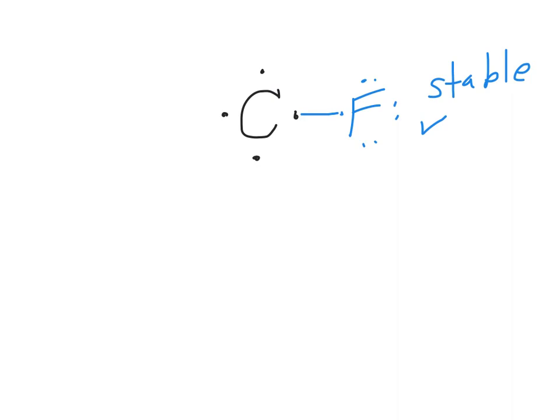So this fluorine is not going to do anything because now it's stable. So what can carbon do? It can attach itself to another fluorine. So let's make that just a little lower so we can have enough space to draw. So you can have 1, 2, 3, 4, 5, 6, 7 valence electrons.